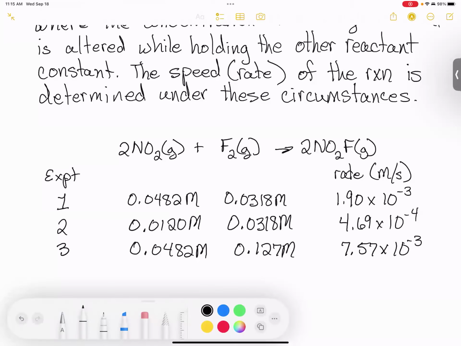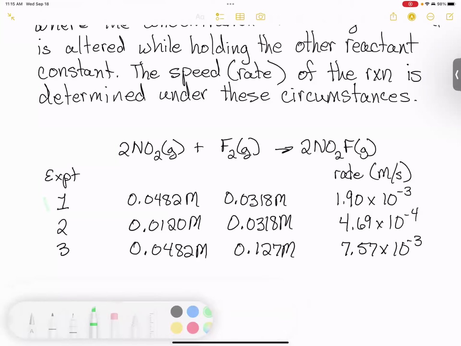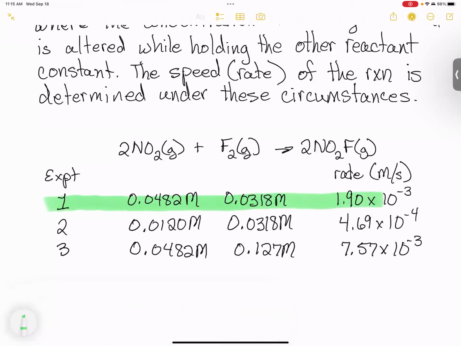Now, to start, we're going to work with experiment 1 and experiment 3. What do you notice about experiment 1 and experiment 3? The molarity of NO2 is being held constant.